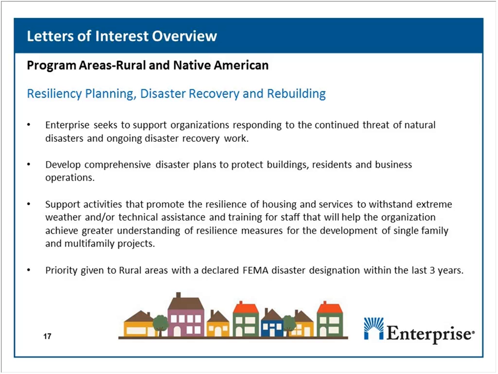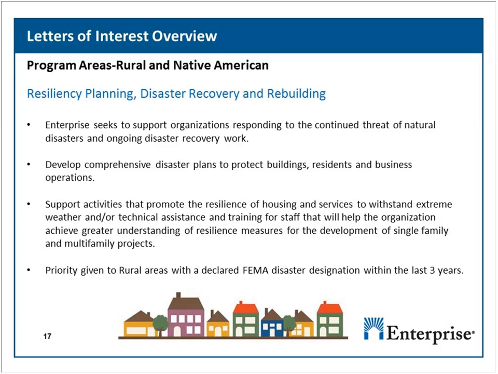So really here we're looking to support organizations that are responding to the continual threat of natural disasters, groups that are developing comprehensive disaster plans, all with the design to protect buildings, residents, and operations. And then we're going to support activities that promote the resilience of housing and services.